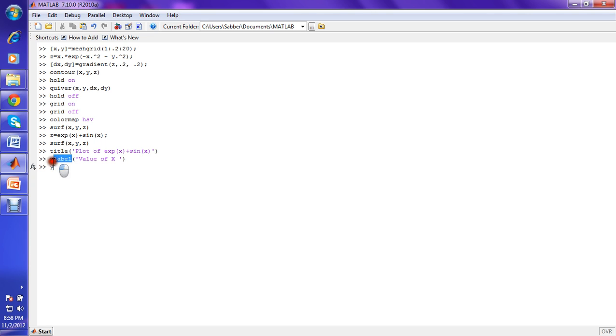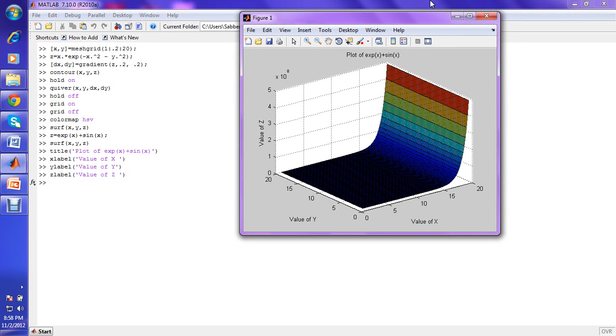These are small letters, not capital letters. Let's see what happened. This is the x values, this is the y values, this is the z values, and this is the title.